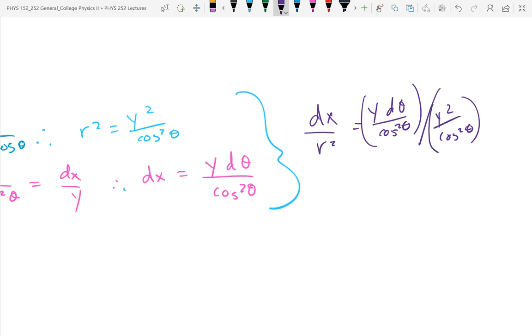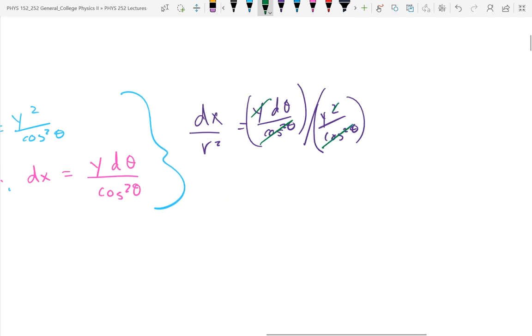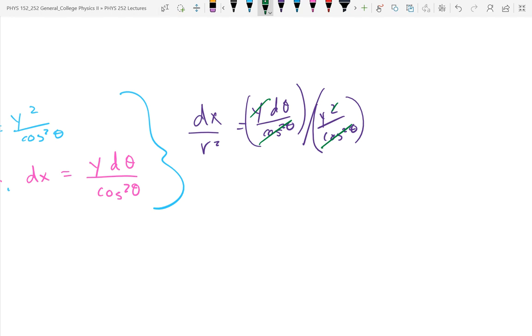They cancel. And one of the y's cancels. So dx over r squared turns out to just be d theta over y. You're right, it's over y. D theta divided by a constant y. Good catch. I would have gotten to the end and said, wait, my units ain't right.